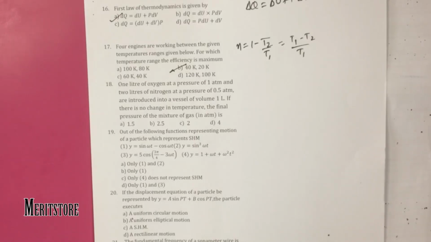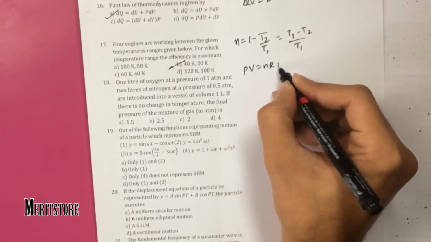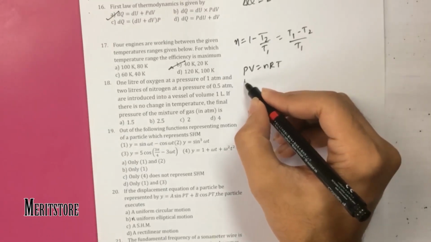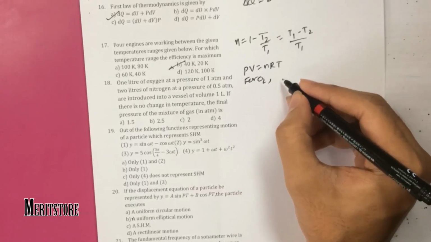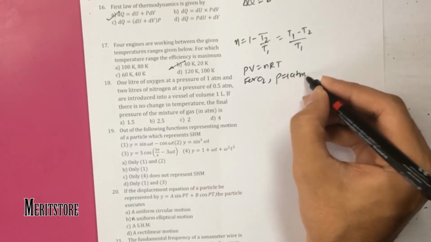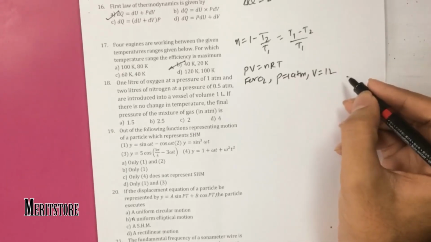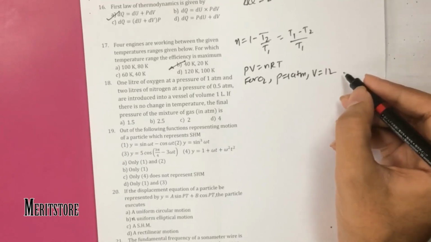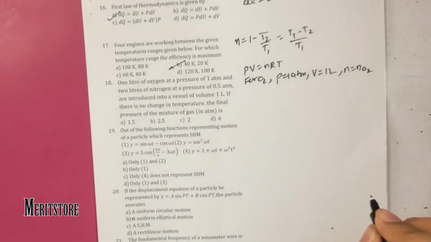Now, according to the ideal gas equation, I have PV equals nRT. For oxygen, P is given as 1 atm, volume is given as 1 liter, and n is the number of moles of oxygen.